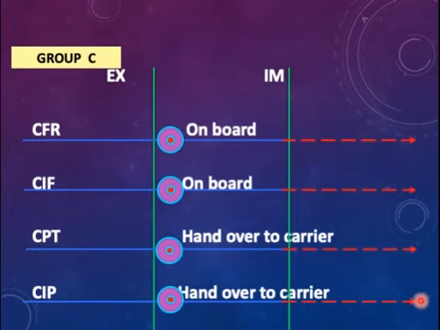Okay, so now you see the difference, and now you can understand why they have another way of classification according to the name E, F, C, D, because from E to F to C to D, the risk, the cost, the obligation of the seller increase and of the buyer decrease.